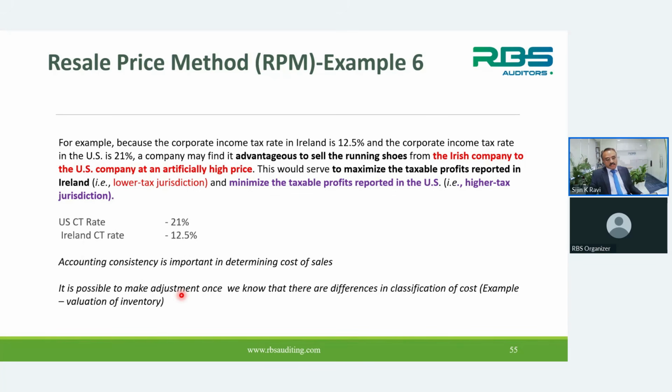Because the US tax rate is 21% and Ireland's is 12.5%, they can shift to the higher tax jurisdiction. They can shift the purchasing, which area you have to purchase, which area you have to do the sales. So that's why transfer price comes into the picture. Then you will find out what is the resale price, then you will arrive at the price.